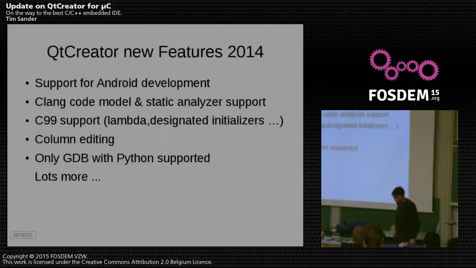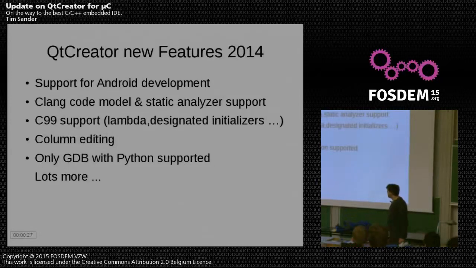There have been some new features in 2014 for the QtCreator. That's support for Android development. The Clang code model I just talked about. C99 support has been improved, like lambda expressions, designated initializers and some more.